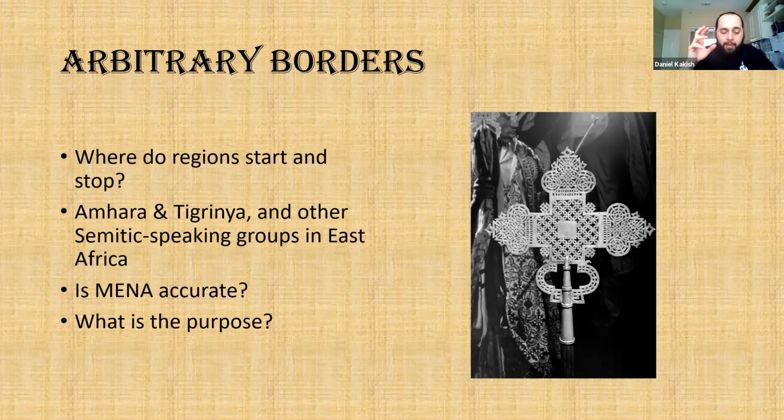So it would be very odd for the ethnic Turk or the ethnic Persian, or even an Armenian from Iraq or from Syria, to check the MENA bubble, but an Ethiopian or an Eritrean to not check it.